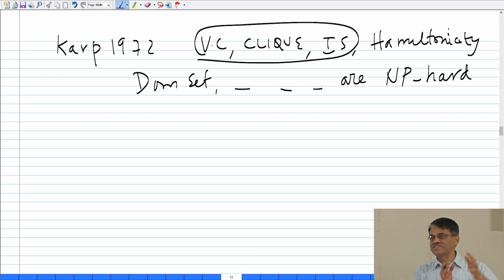Because Cook has done the hard work of reducing every problem to satisfiability, I will show that satisfiability reduces to my problem, and that means that if this has a polynomial time algorithm, SAT will have a polynomial time algorithm. If SAT has a polynomial time algorithm, every problem in NP has a polynomial time algorithm.